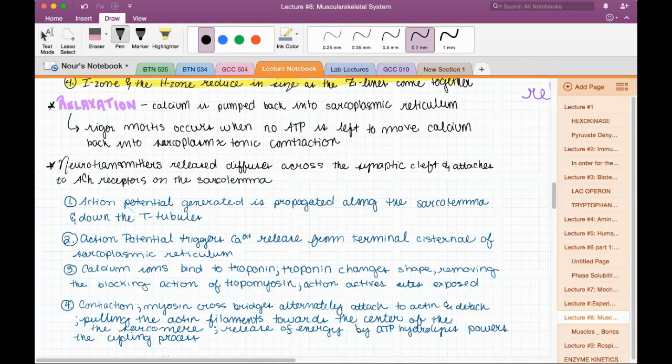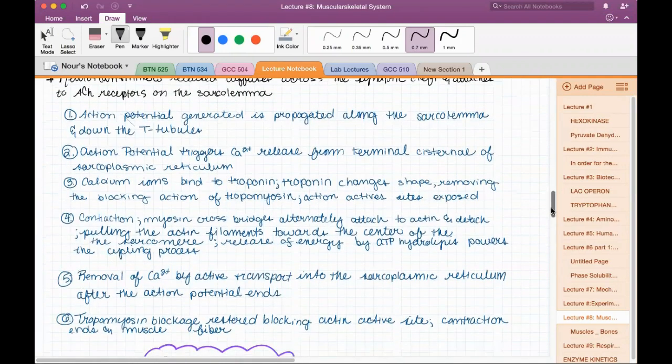The calcium ions bind to troponin, and troponin changes shape and changes the shape of tropomyosin, stopping tropomyosin from blocking myosin from actin. The actin binding sites on the myosin are exposed, so now actin can bind to myosin, and contraction occurs.